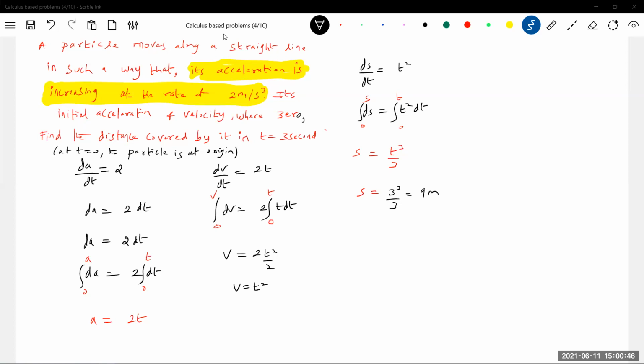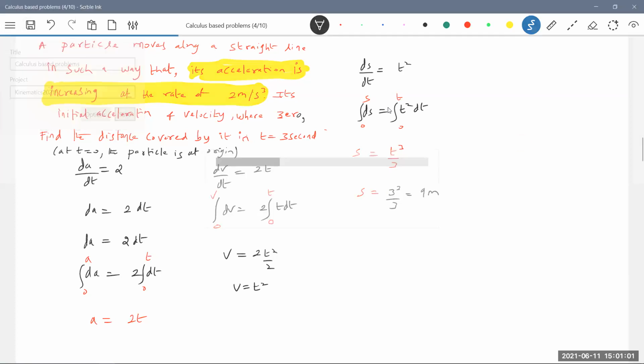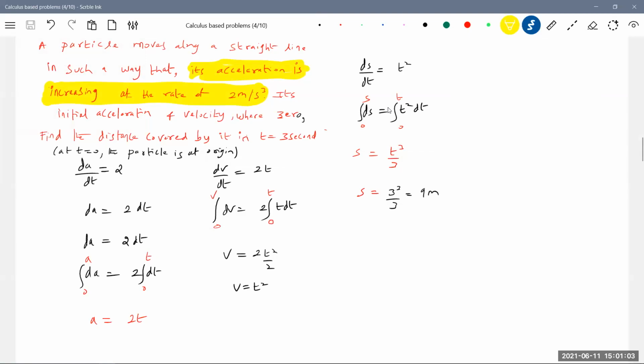Both are the same, no? This is our answer.